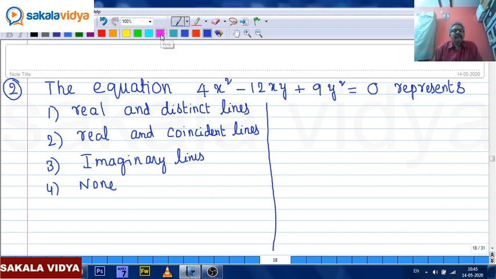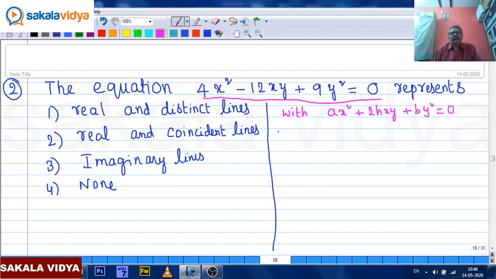See, this equation represents the nature of the lines you need to find out. That's why first of all comparing 4x square minus 12xy plus 9y square is equal to 0 with ax square plus 2hxy plus by square is equal to 0. Here a equals 4, 2h equals minus 12, b equals 9.